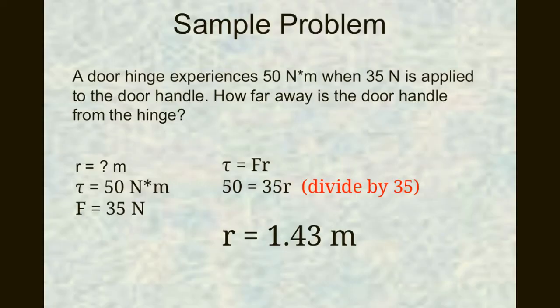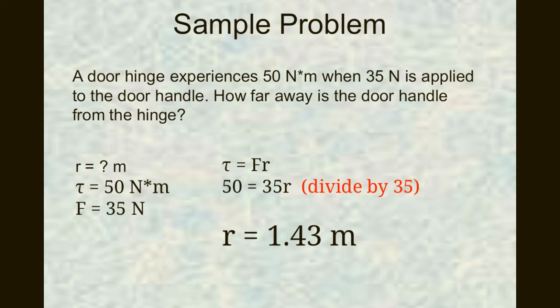So to solve it, it's just like any other problem that we do. Make sure you write your unknowns and knowns. R is unknown. Distance should be in meters. Tau is 50, and the force is 35. We have our equation. Tau, or torque, is equal to force times the lever arm, F times R. And we're going to go ahead and substitute our values. Our torque was a value of 50 and the force was 35.